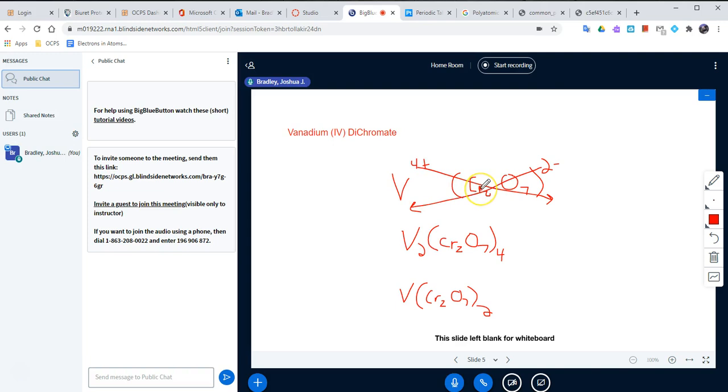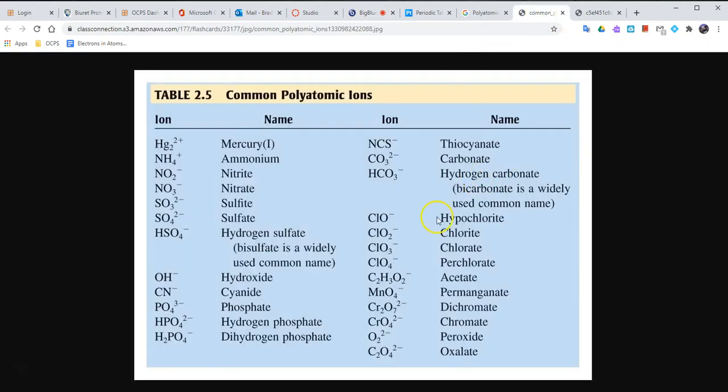Okay? And that's really it for polyatomic ions. Now, I'm going to be perfectly honest. These two combined, the transition metals and the polyatomics, are the thing that most often gets students in this section. However, as you can see, we just treat them the same, except that we don't even have to count, like we already know what they are.